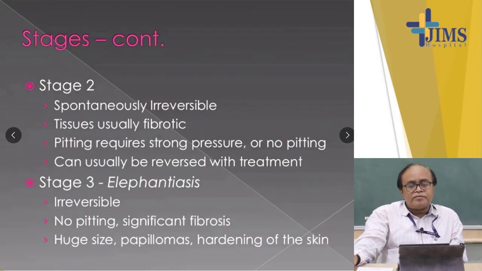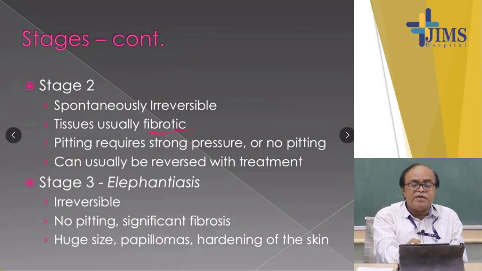Stage 2 is spontaneously irreversible, and the tissue is usually fibrotic, meaning fibrotic changes have occurred. Pitting requires strong pressure, otherwise the pitting sign is negative, or there may be no pitting, but it is still treatable.